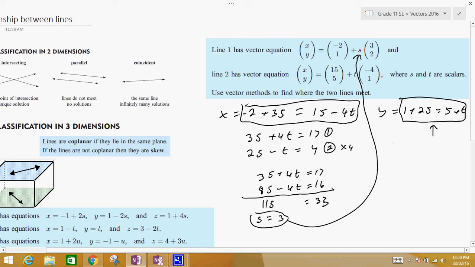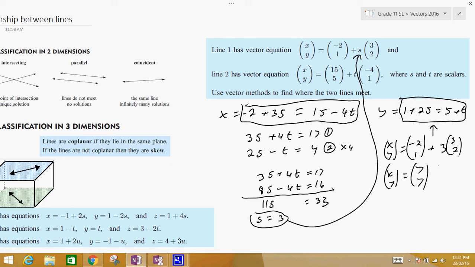So what we get is (x, y) is equal to (-2, 1) plus 3 times (3, 2). And that gives you (x, y) is equal to 9 minus 2 is 7, 1 plus 6 is 7, so (7, 7). And therefore they intersect at the point (7, 7).